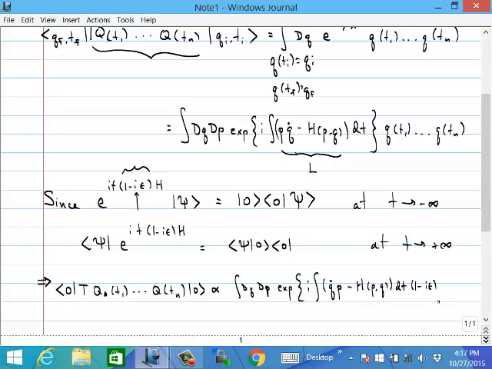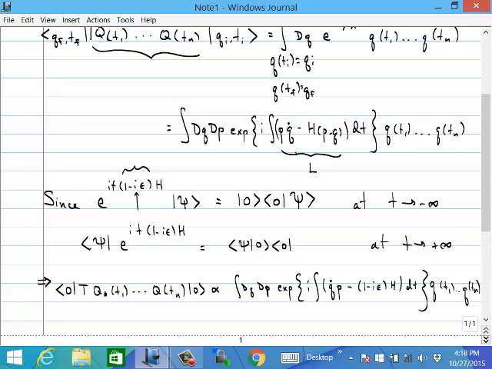Or actually, let me say that a little bit better, because really what we're doing is we're replacing the Hamiltonian by 1 minus i epsilon times the Hamiltonian. So I'll write it this way: 1 minus i epsilon times the Hamiltonian. And then we have our q of t1 to q of tn.